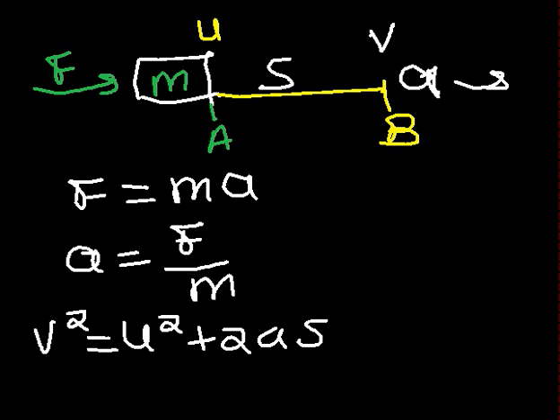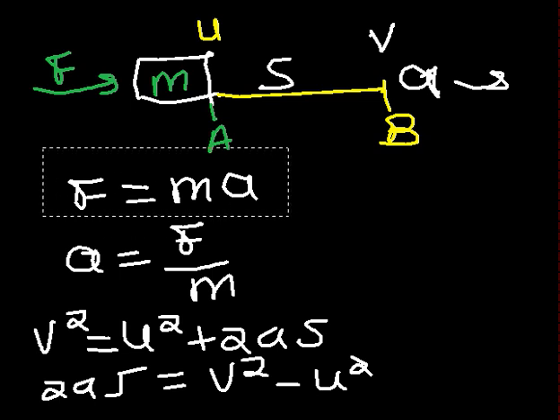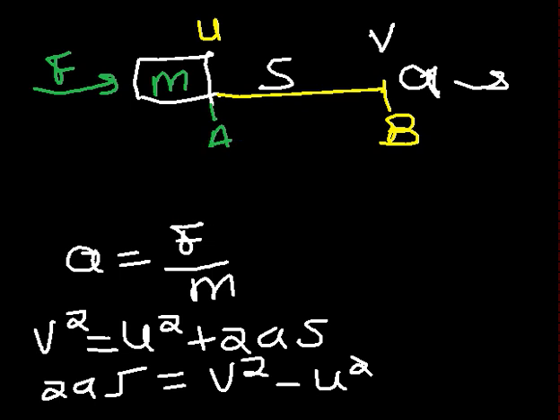Now let's make this the subject of the formula. In this case we'll have 2as equal to v squared minus u squared.